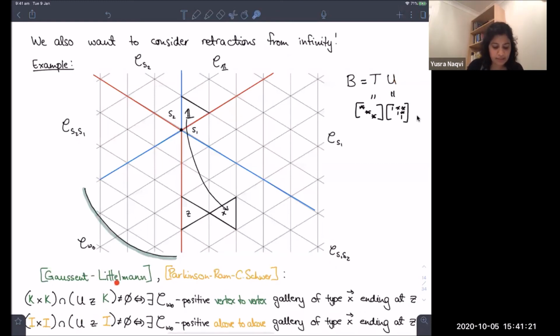The first correspondence is due to Gaussent-Littelmann, and the second correspondence due to Parkinson, Ram, and Christoph Schwer, where essentially I can look at a positively folded gallery of a certain type. The type that I want to keep is always the type from my starting gallery X. The orientation that I care about here is now an orientation that sort of comes from infinity in one of my 6 hexagonal directions.